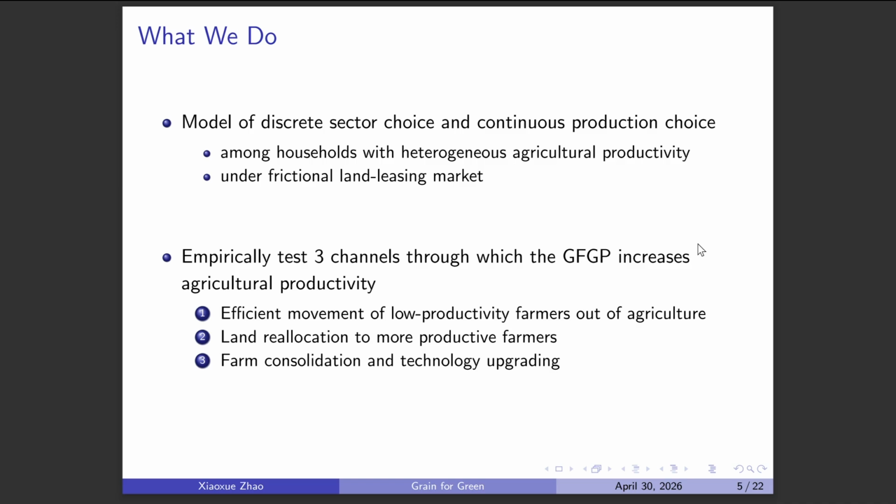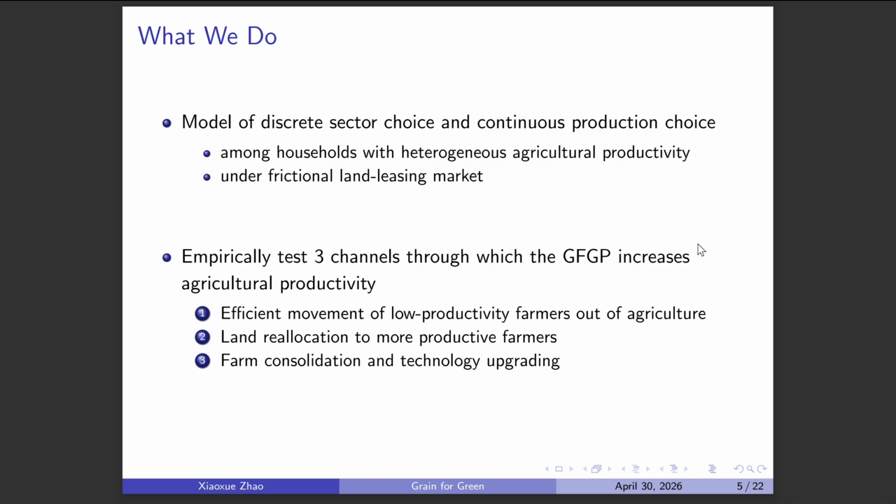We then rely on panel data from a nationally representative household survey in China to examine the program's effects on households' cross-sectoral labor allocation decisions, their farm size, and their production outcomes in order to test all the major predictions of the model.